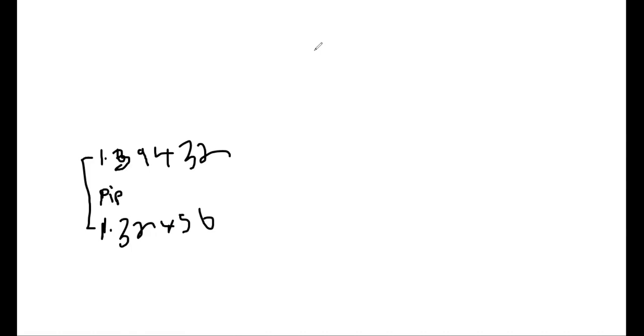Okay, before I do that, let me just write it. In terms of decimals, PEEP is the second or fourth number after the decimal.